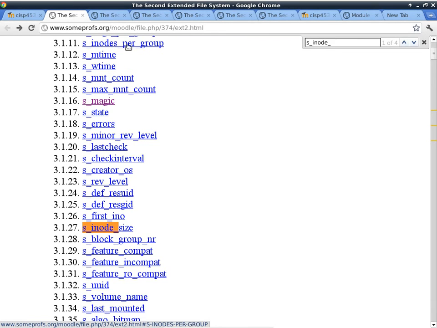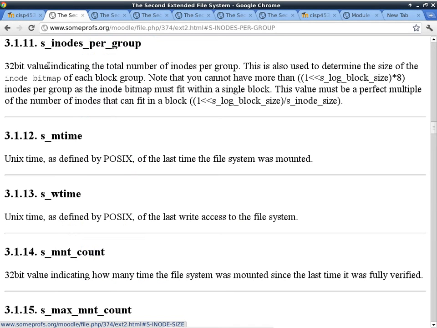Oh, underscore per. Okay. So this is a 32-bit value indicating the total number of inodes per group, which is also the number of entries of your inode table. Because you only have one inode table per block group, the number of inodes per group is the exact number of entries inside the inode table of a block group. I'll draw a picture later on that makes it a lot easier to understand.